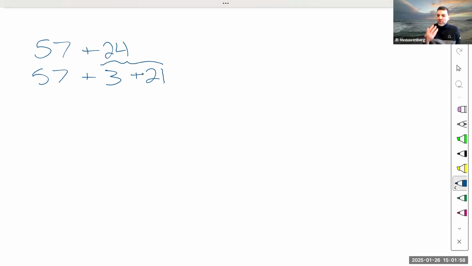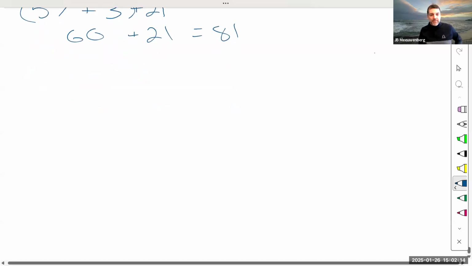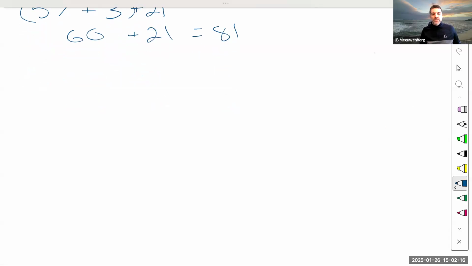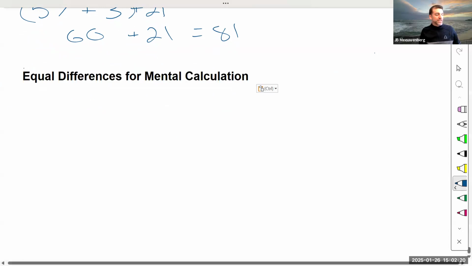So this is still equal to 24. I grouped the 57 and the 3 to get 60. And then I had 21 to get 81. Maybe you did it that way. Maybe you took your own strategy. Either way is fine.